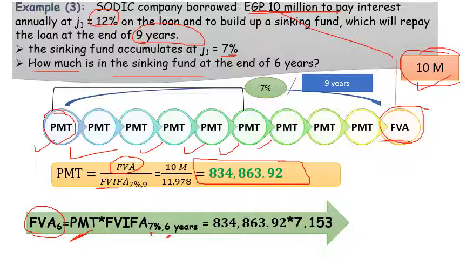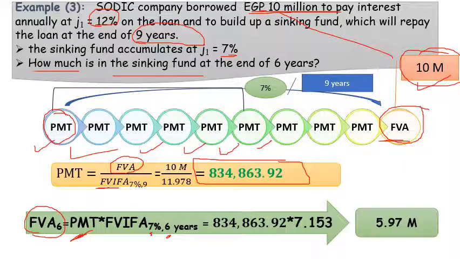In other words, how much are our deposits of 834,863, made over the last 6 years, worth, where each one could grow at 7%.